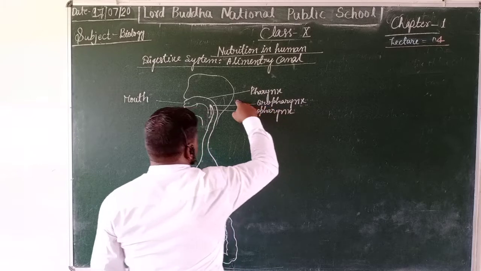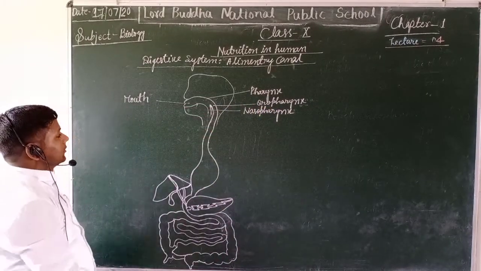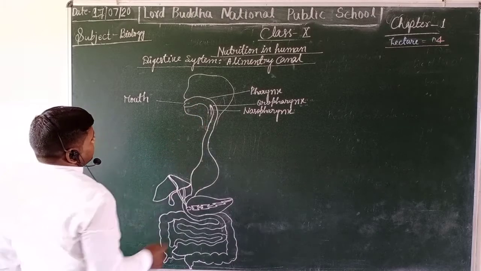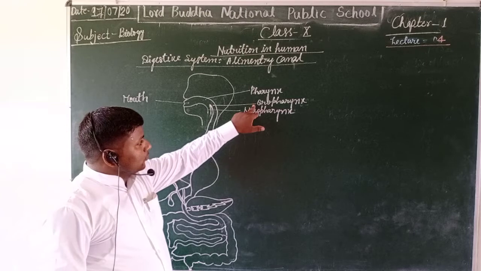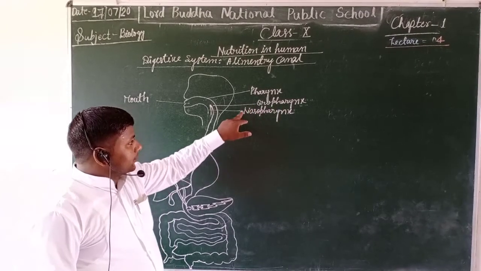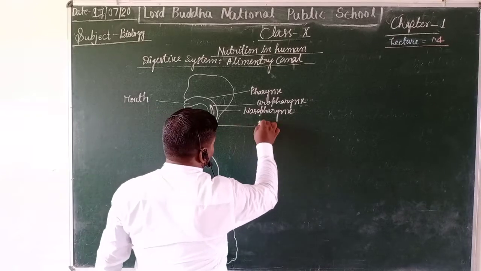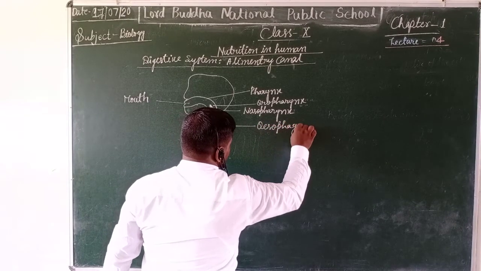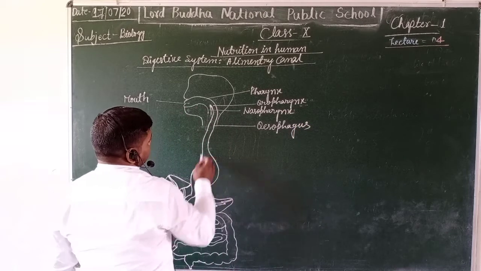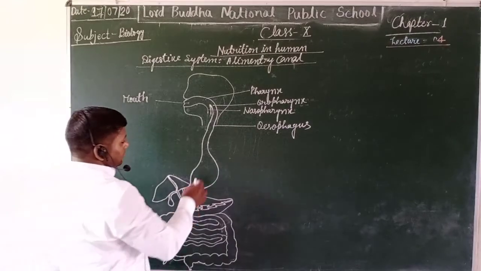The pharynx is further divided into two parts with the help of the glottis and epiglottis that makes the oropharynx and nasopharynx. The oropharynx opens into the esophagus, the food pipe, and the nasopharynx further opens into the trachea, that is called the windpipe.